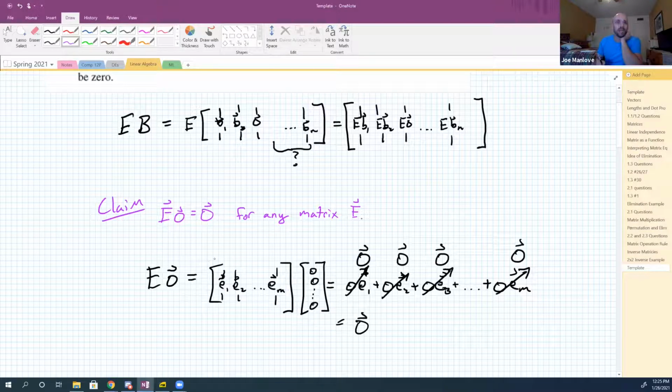And so this is the column multiplication picture, and then 0 times a vector is 0.